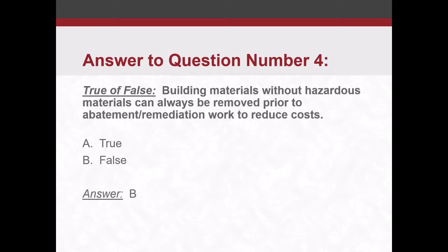All right, question number 4, true or false? Building materials without hazardous materials can always be removed prior to abatement remediation work to reduce costs. That would be B, false.